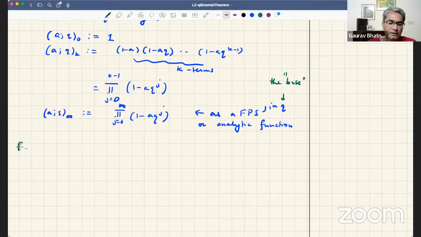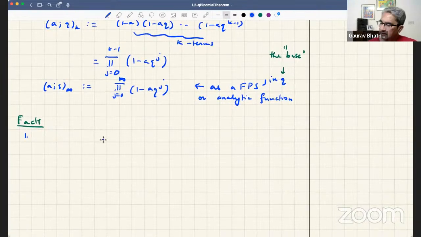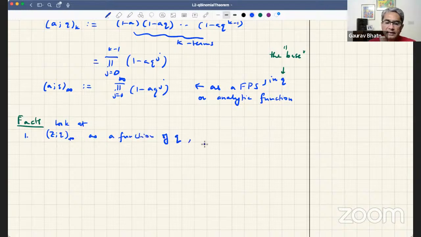There are certain facts which we will prove at some point. If we look at (z;q) infinity as a function of q, then for fixed z, some complex number, this product converges for absolute value of q less than 1.